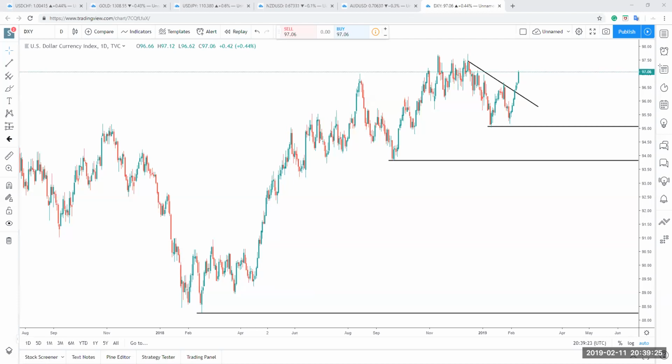Great British Pound, cancelled that. Down. High time frames, is it?